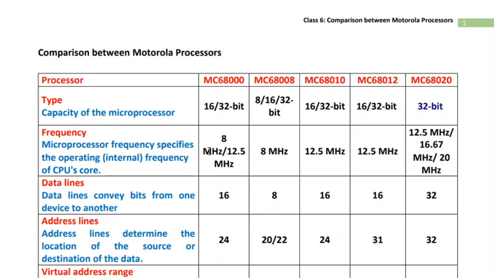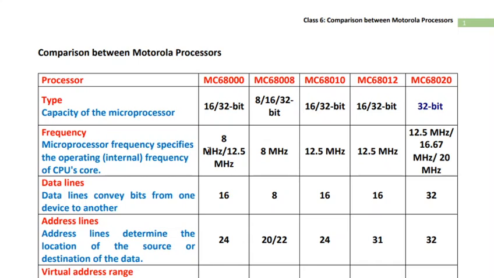MC68000 has 8 megahertz and 12.5 megahertz as operational frequency. MC68008 has 8 megahertz. MC68010 has 12.5 megahertz. MC68012 has 12.5 megahertz. Likewise, MC68020 has 12.5, 16.67, and 20 megahertz respectively as operational frequency.